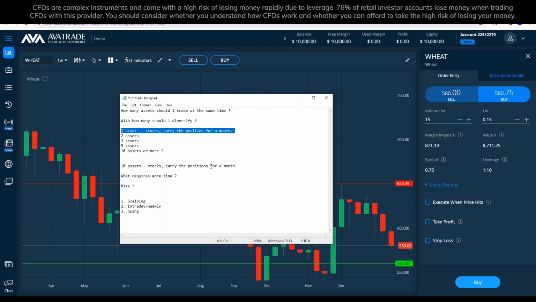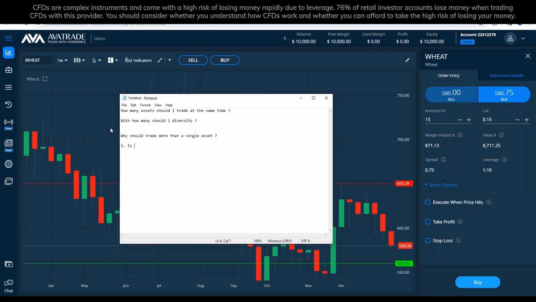What reason should I have to trade more than a single asset? Let's wipe out all of those and type down the real explanation.